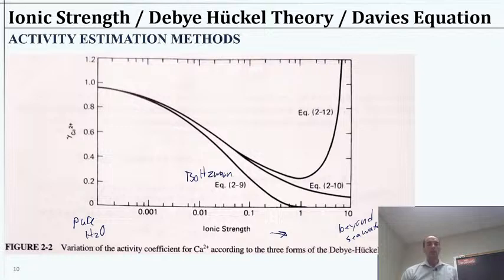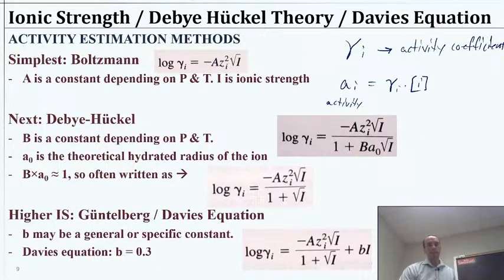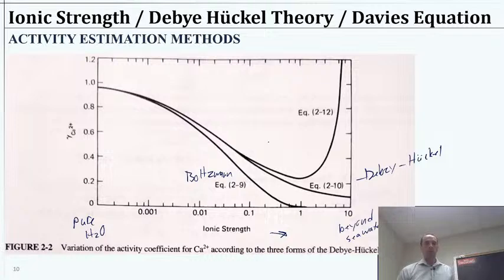The next one, I think this would be the Debye-Huckel, something. I think that's correct. I could have this backwards. But we see that one works pretty well. This is probably the extended one, because this was the one that goes crazy over here.